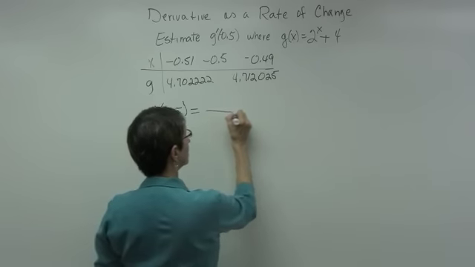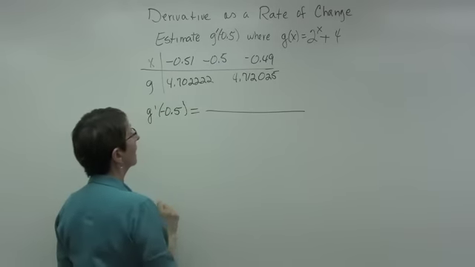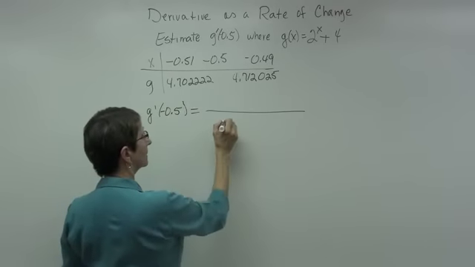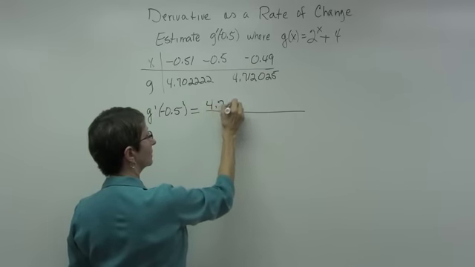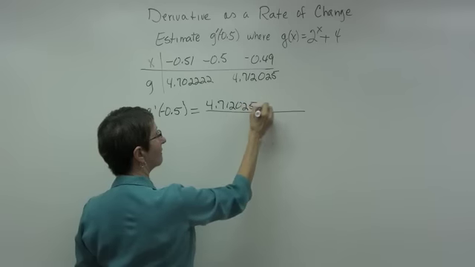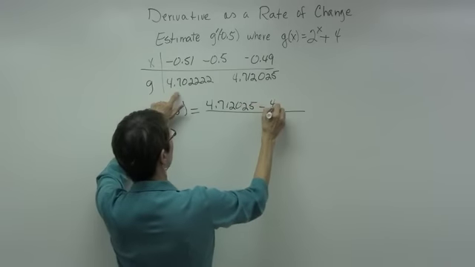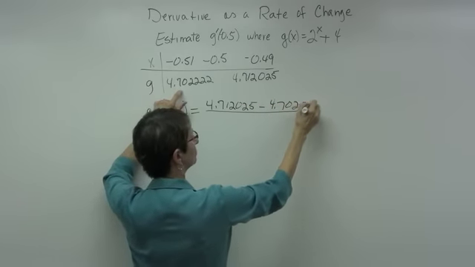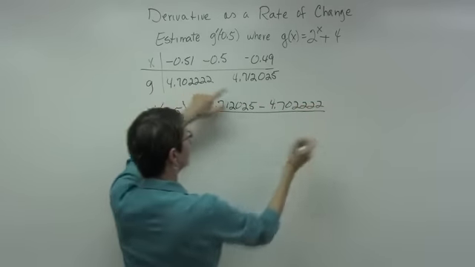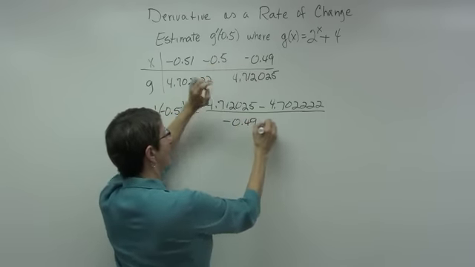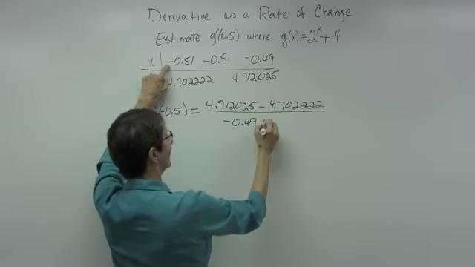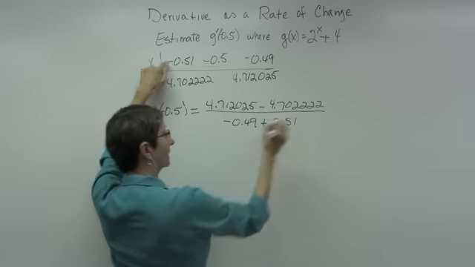And I do the change in y over the change in x. So my biggest y, 4.712025 minus 4.702222, over negative 0.49 minus negative 0.51.